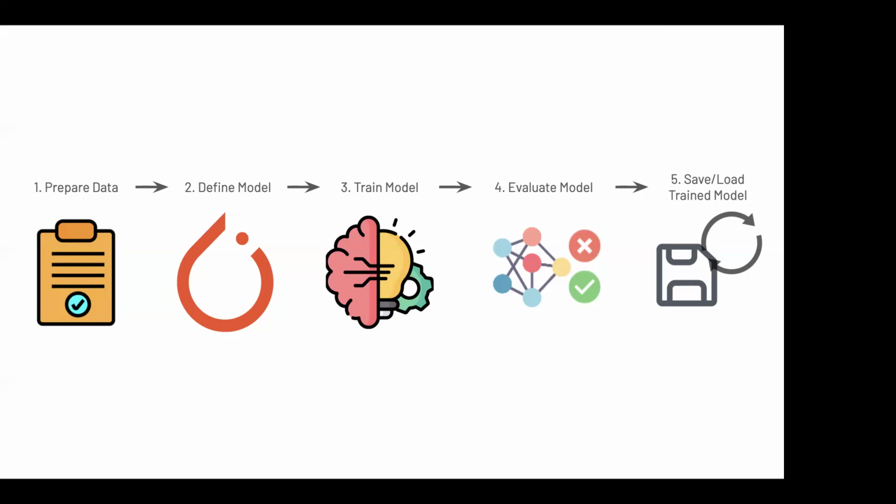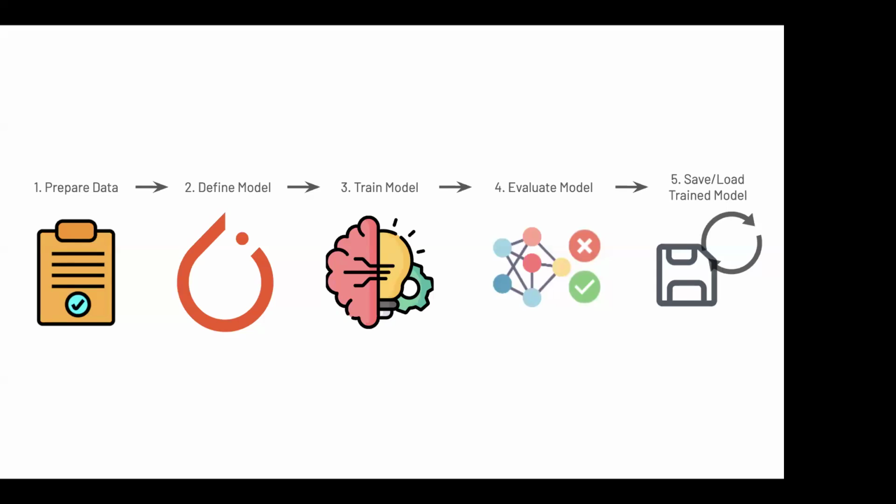Then you can train your model, so you'll have a loop that continually tries to improve the model, make it better and better. The evaluate step is sometimes done in parallel with the training, just to see how the model is improving over time. But also, once you finish training the model, you'll often run a full suite of tests to see how good it actually is.